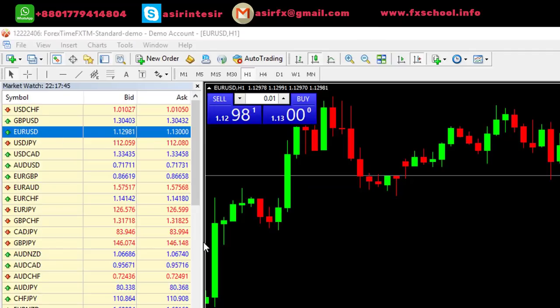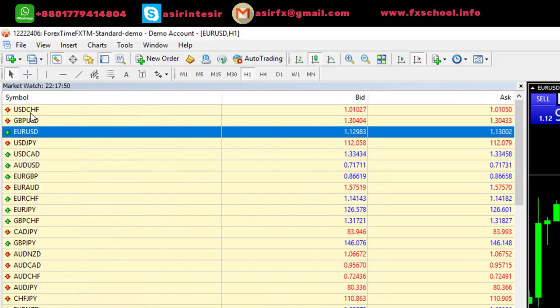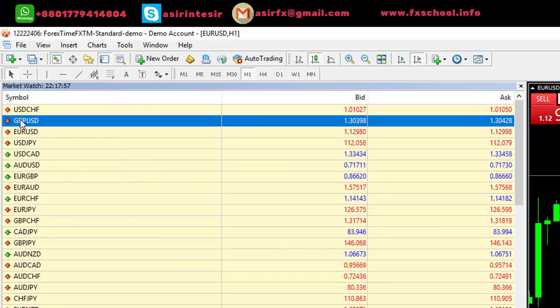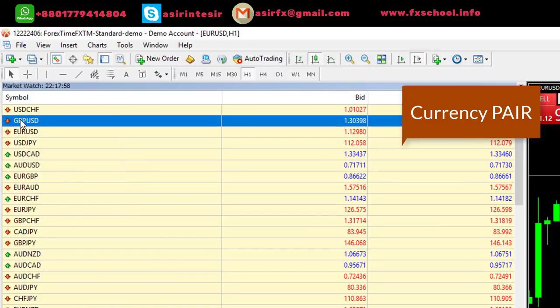If you go to the Market Watch, you can see there are lots of currencies, but every currency is not alone. Like GBP means Great British pound, but it's not alone, it's with USD as GBP USD. With the GBP we have another currency, its name USD.